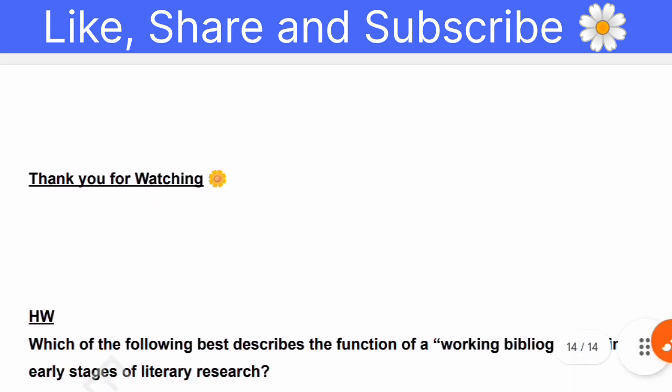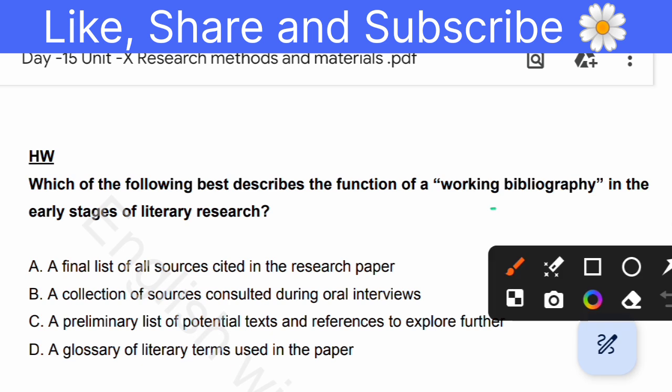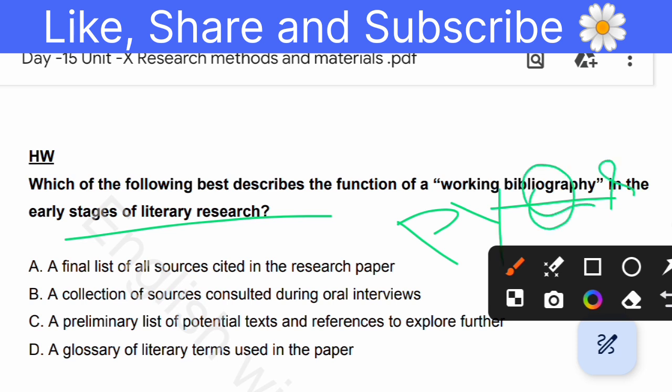I have a question for you also. That is the homework question. Which of the following best describes the function of a working bibliography in the early stages of literary research? I have picked this question from the PYQs. Here are the options you have to see and tell me the correct answer. While watching the class, do comment your answer with the question properly.